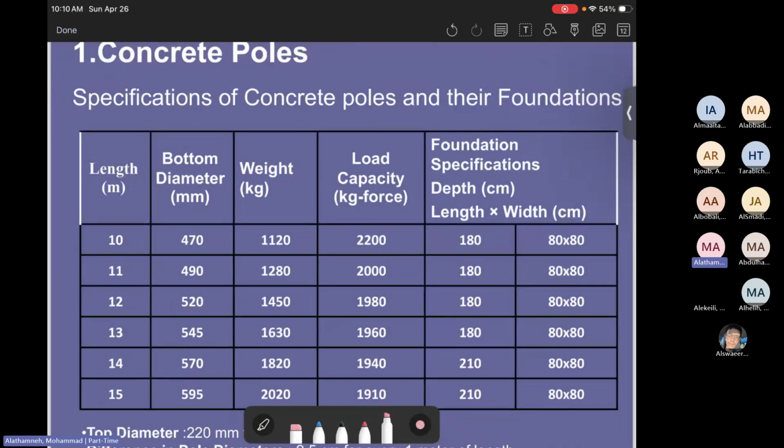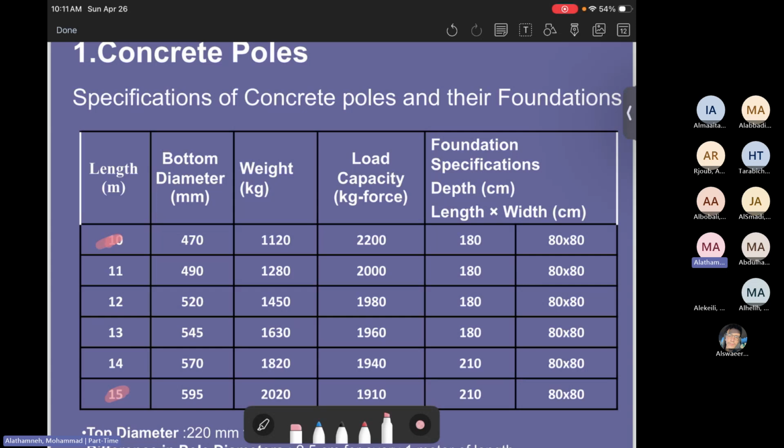Here are the specifications of the concrete poles. We can see the length, from 10 meters up to 15 meters. Which one should we use depends on the place. Sometimes if there is a mountain or a valley or whatever, a change in the elevations, then you will use different lengths.